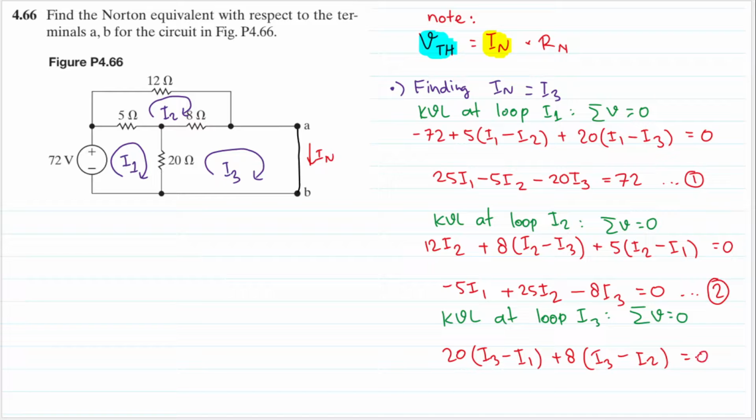All of that will equal 0. Let's break it out. We will have minus 20 I1, minus 8 I2, and plus 28 I3, all equal to 0. Let's save this as equation number 3. So we need to find what I1, I2, and I3 are, right?